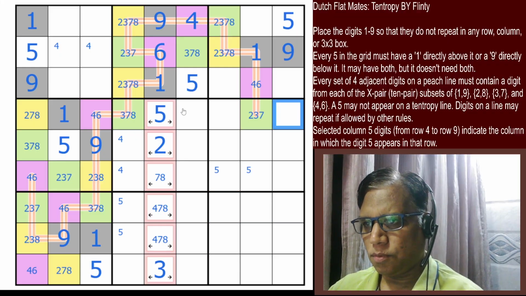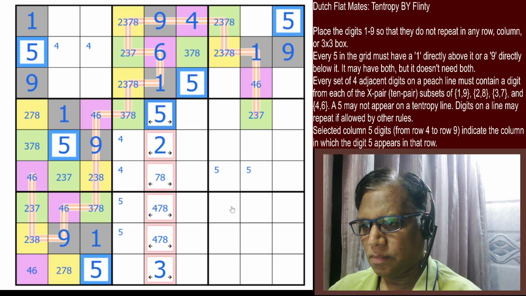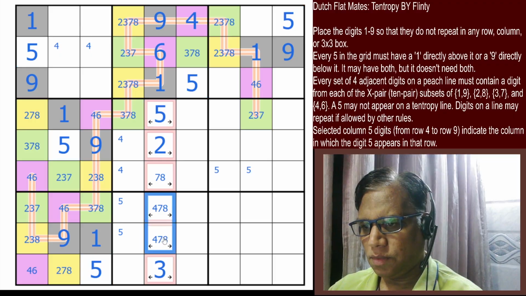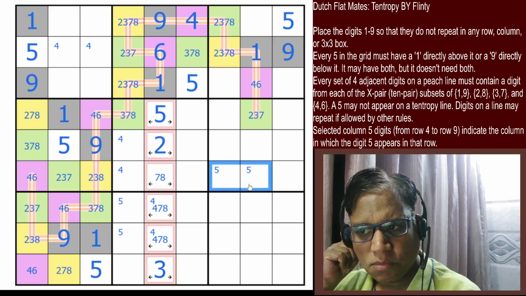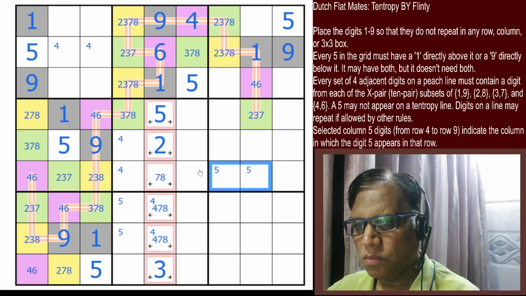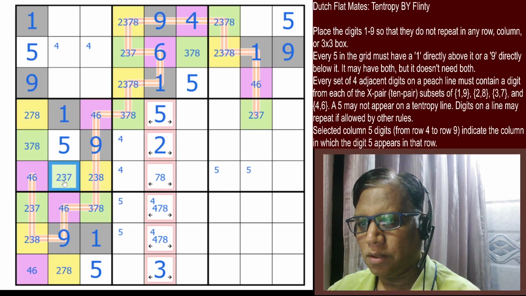So now how to proceed? Kind of stuck. Four is definitely one of this. I think I'll just mark that. 5 is one of this. Two is now. No, 2 could be here also, what I'm talking about.